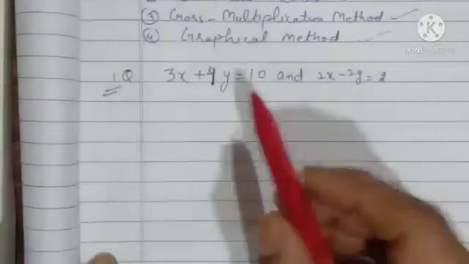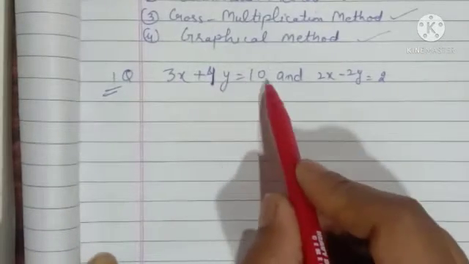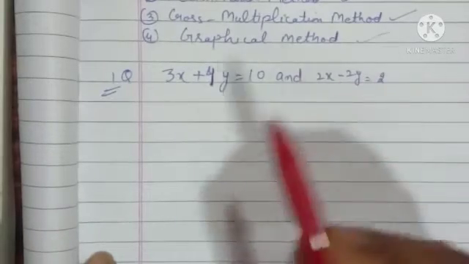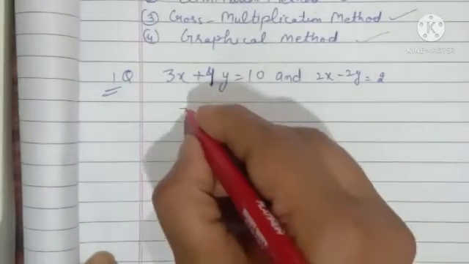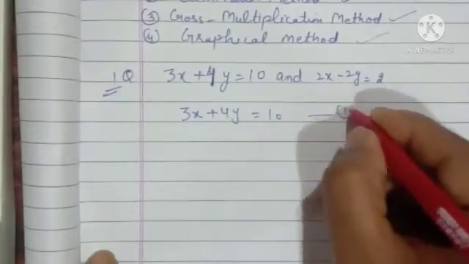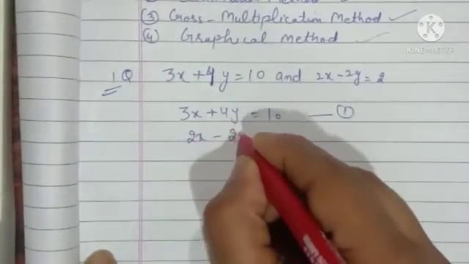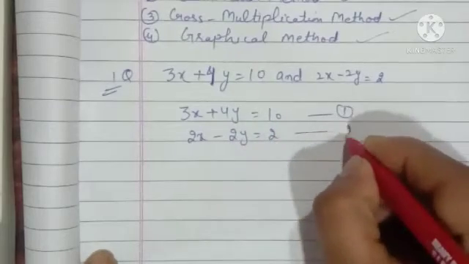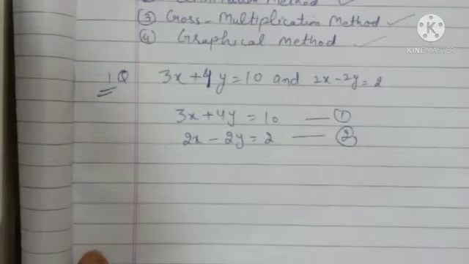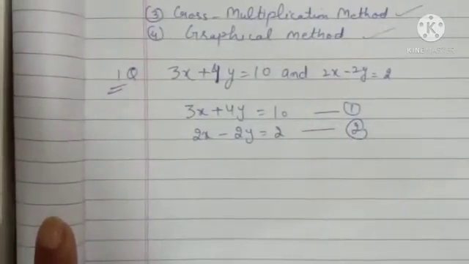Taking our example, 3x plus 4y equals 10 and 2x minus 2y equals 4. Let us mark the first equation as number 1 and the second as number 2. We know that substitution means using the value of one variable in place of the other.